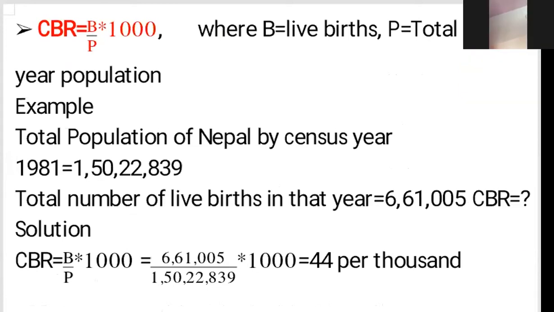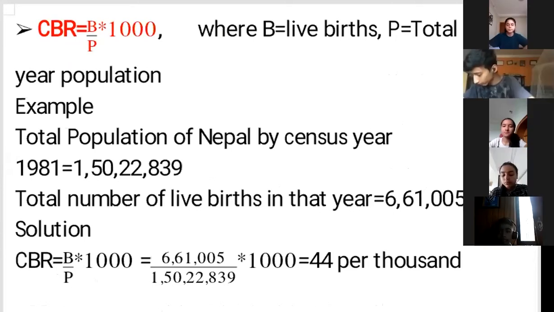Now, CBR equals B by P multiplied by 1000. Once again, you can see B by P. On the next side, there is the meaning of B as well as the meaning of P. What is the meaning of B and what is the meaning of P?